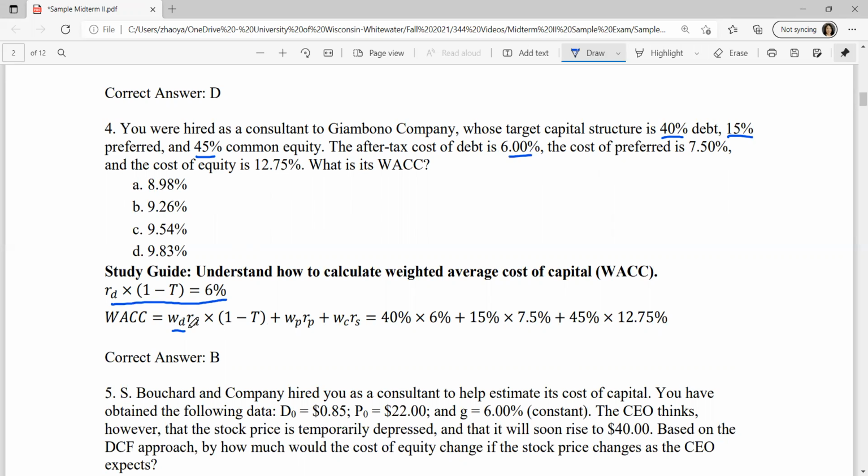So WD, the weight of debt, is 40%. RD times 1 minus T, the after tax cost of debt, is 6%. The weight of preferred stock is 15%. RP is 7.5%. The weight of common stock is 45%, and RS is 12.75%. So the correct answer is B here.